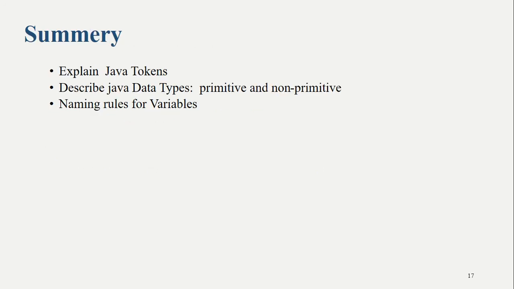We explained Java tokens, we described Java data types, primitive and non-primitive, and we demonstrated some programs and statements on declaring variables, and we also mentioned some of the rules that you should consider when you name your variables. I hope that's enough for you.